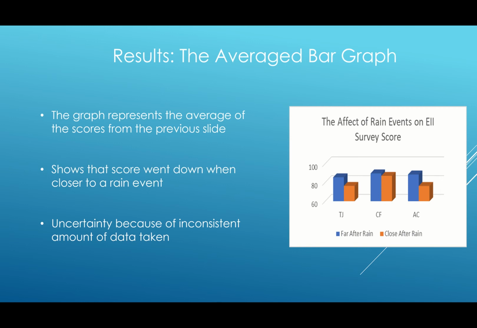You can see that from each of the locations pretty clearly. CF is a little bit more close together, which is why I decided that the uncertainty was a little too much, and that's why I had to run the t-test as well. But at this point, it can be pretty clear that we're in between the null hypothesis and that the rainfall causes the score to go down.